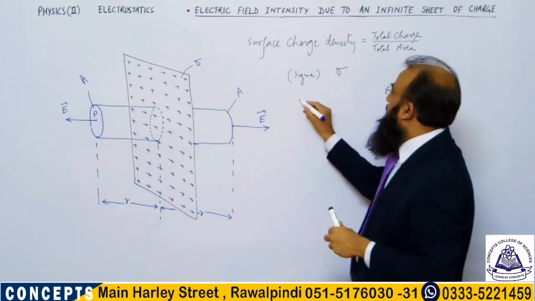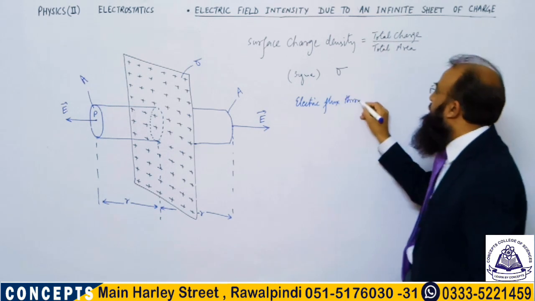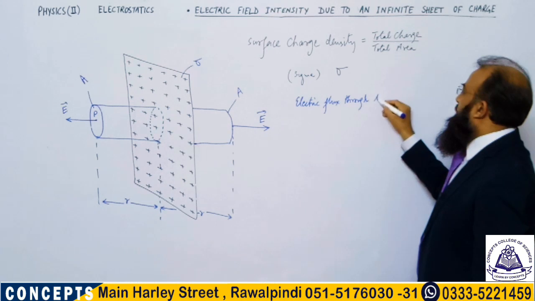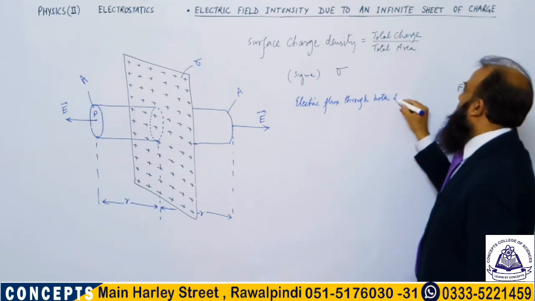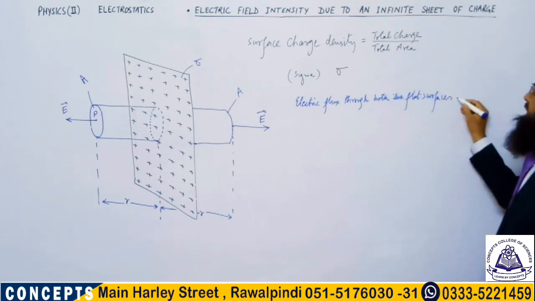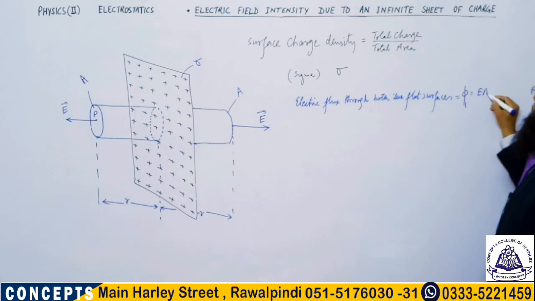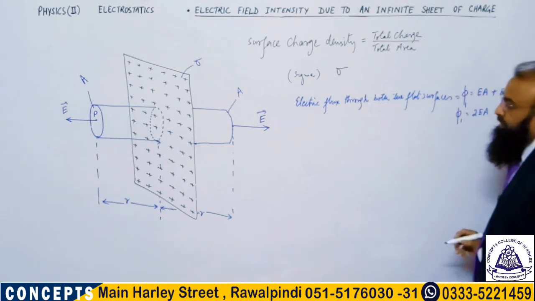So I would write electric flux through both the flat surfaces is equal to, let's suppose I call that phi 1, and this is equal to EA plus EA, and phi 1 is equal to 2EA.